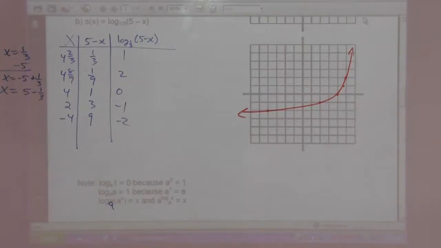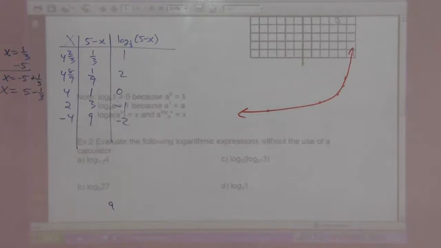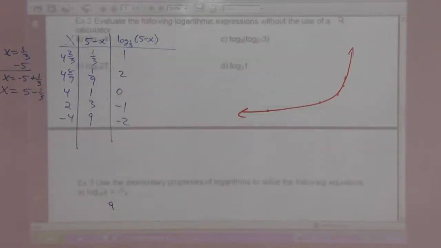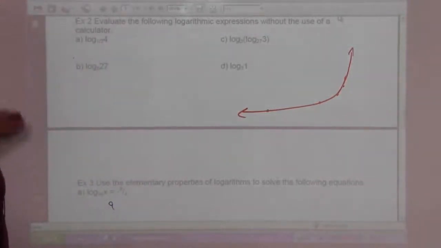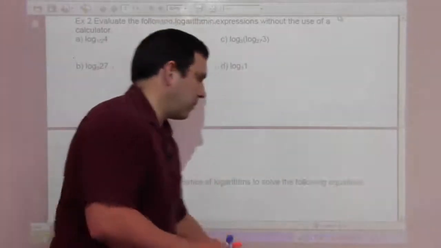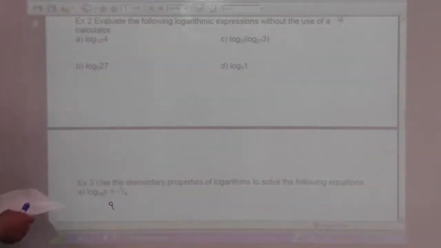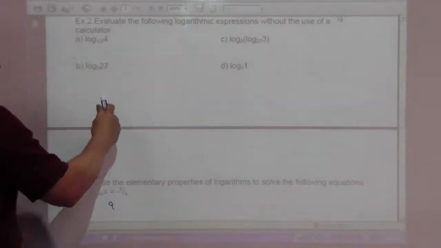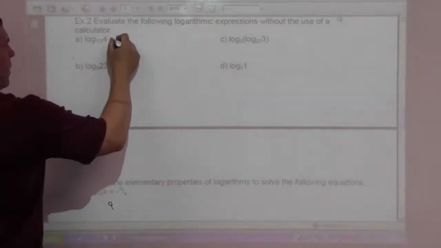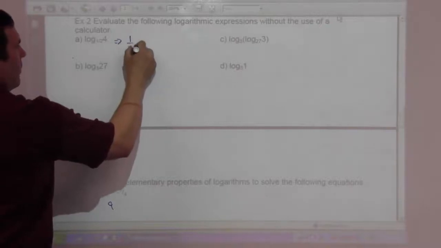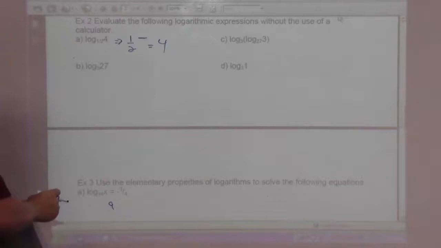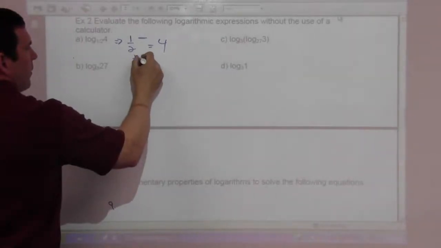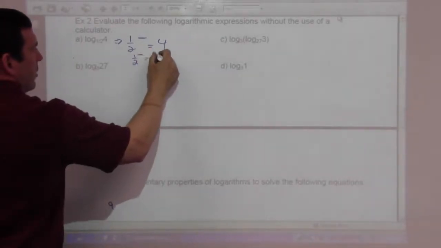Let's go ahead and go on to this last part of this page. It says evaluate the following logarithmic expressions without the use of a calculator. Log base 1/2 of 4. This is saying 1/2 to what power makes 4? This is like saying 1/2 to what power makes 2 to the 2.